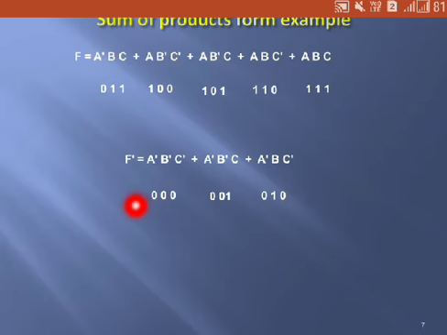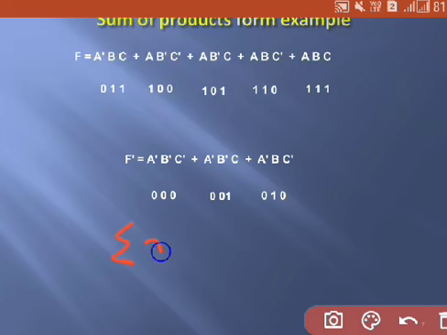In this way you are defining the expression f is equal to A bar BC plus A B bar C bar plus A B bar C plus A B C bar plus A B C. And similarly you can note down the expression for f bar as A bar B bar C bar plus A bar B bar C plus A bar B C bar. So A bar B bar C bar stands for 0 0 0.